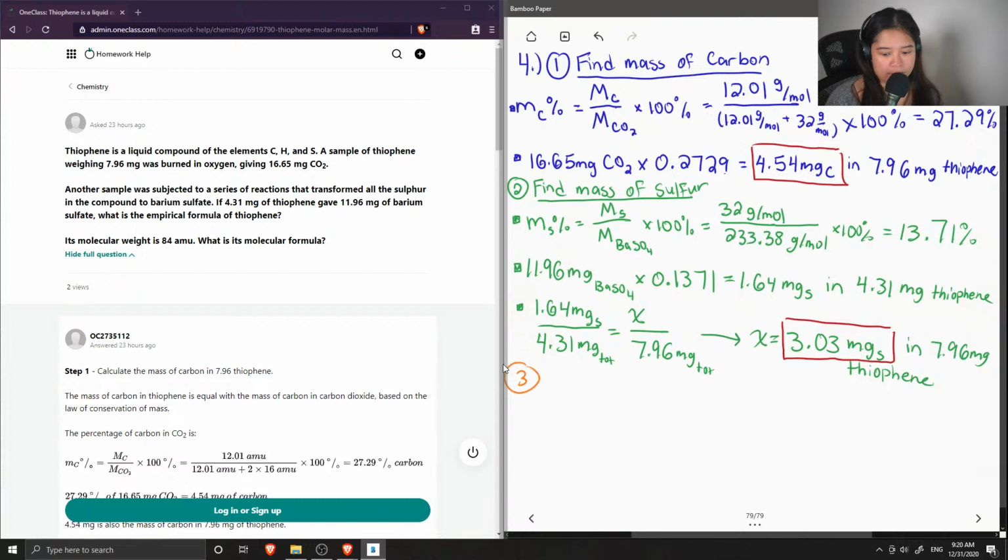Okay, so step 3. We know that thiophene only contains carbon, hydrogen, and sulfur, so now we just need to find the mass of hydrogen in the sample. So the mass of hydrogen is equal to the total mass, which is 7.96 milligrams, subtract the mass of carbon, which was 4.54 milligrams, and then we're going to subtract the mass of the sulfur.